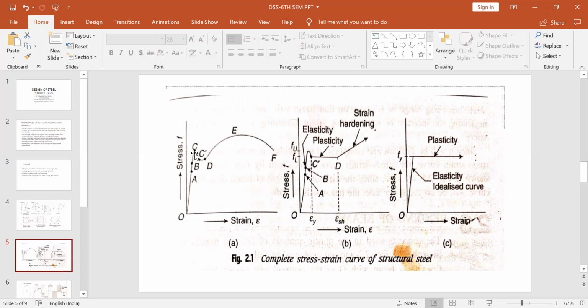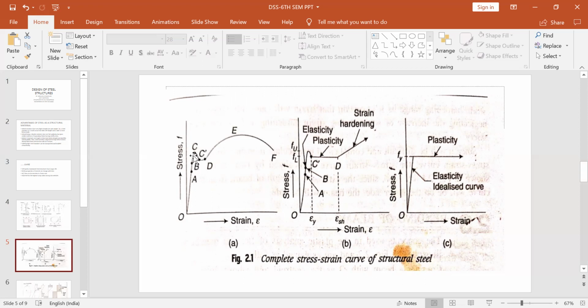Point C represents the upper yield point, at which there is a definite increase in strain without any further increase in stress. When it reaches point C, even if you don't increase the stress, strain will start increasing.